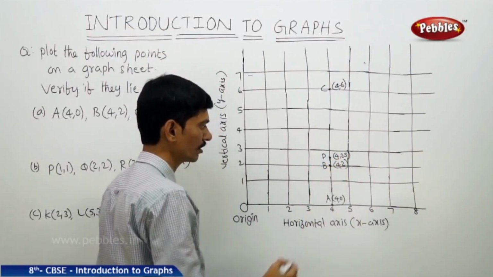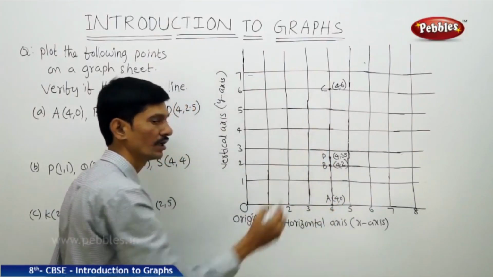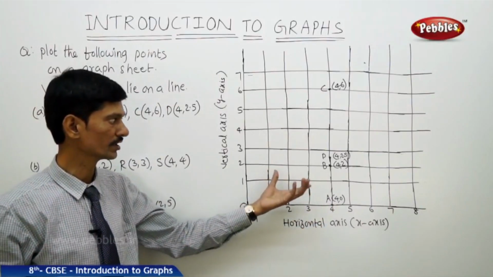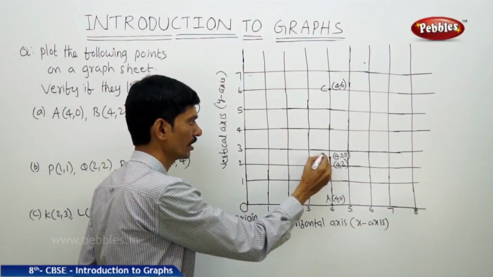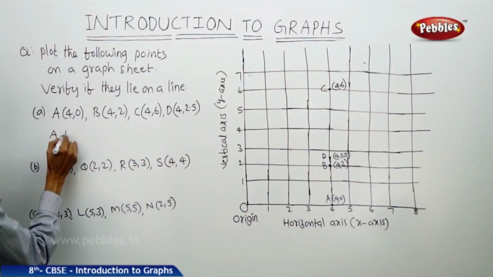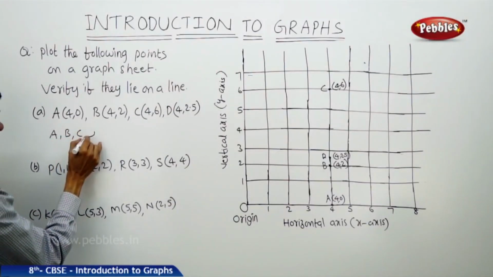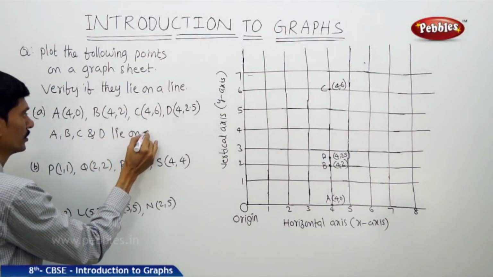Now if you consider all these points A, B, C, D, do they lie on the same line or not? Yes, obviously we can say that all these 4 points lie on a line. So we can write here A, B, C and D lie on a line.